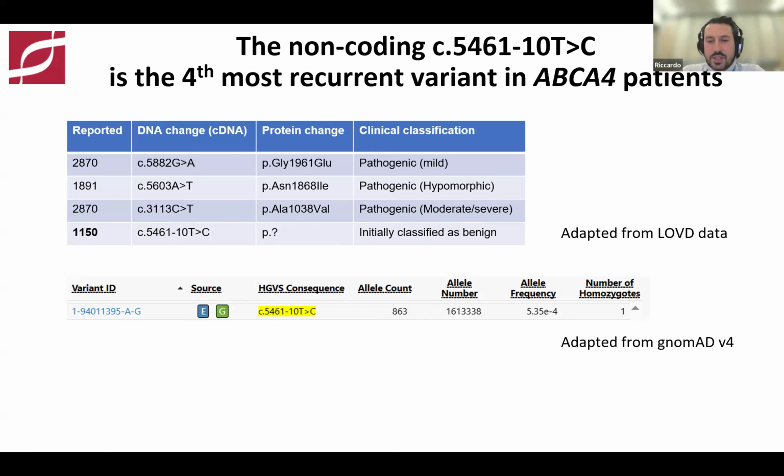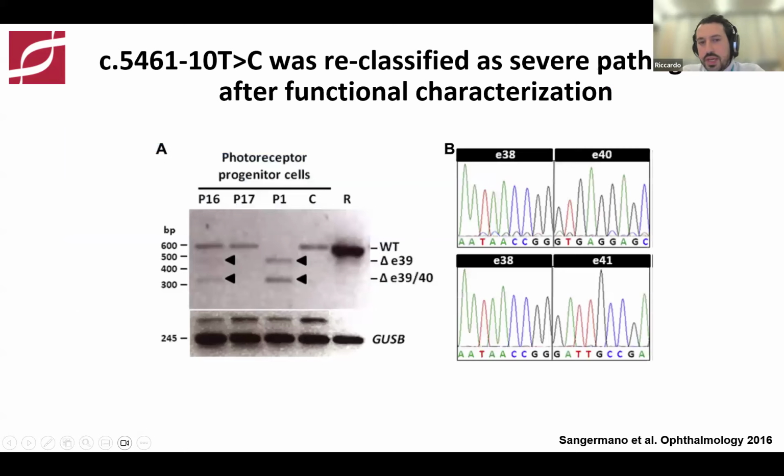So it's very interesting to see that in over 1 million alleles, you will have in the general population only 863 instances, while in another, smaller subset, that is only ABCA4 patients, you will have a presence of over 1,000 instances. So that was for me the trigger to study this variant functionally.